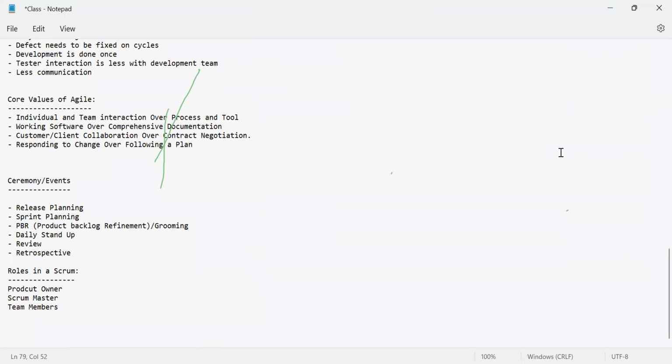So here, what is the product owner doing? The major functionality of the application is broken down into modules, and these modules are further broken down into other modules, and these are prioritized based on the business need. Does everybody know what priority means? Yes, sir.